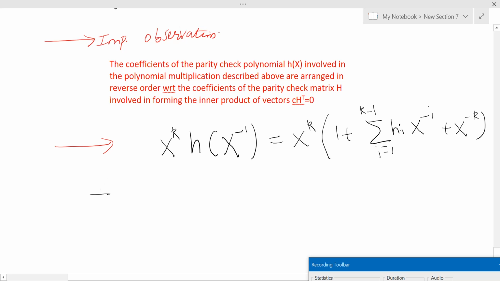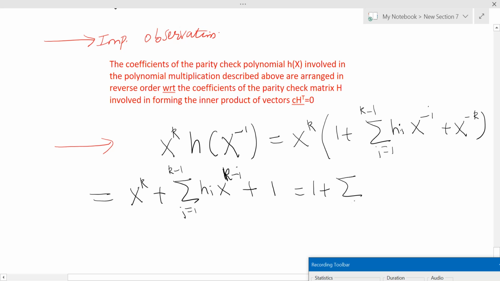Right, now you multiply by x to the power k, you will get the first term as x to the power k, plus summation h i x to the power k minus i, plus 1, which I can write as 1 plus, okay.